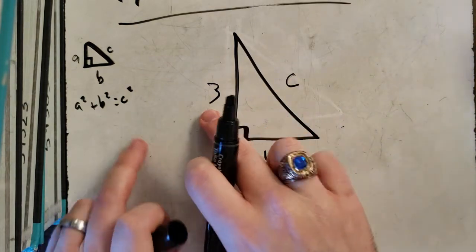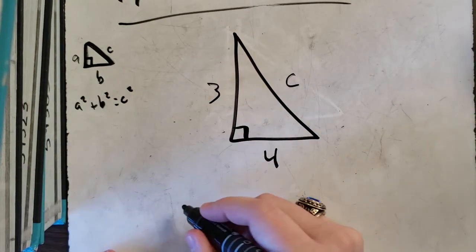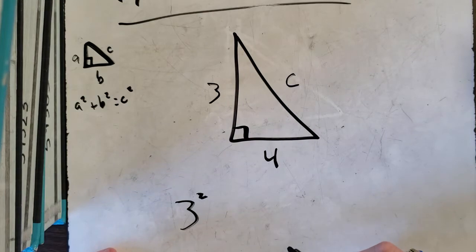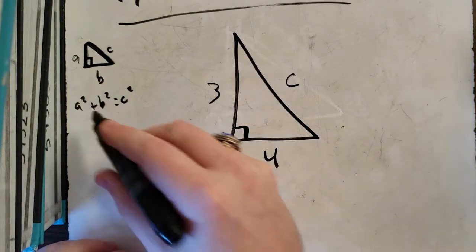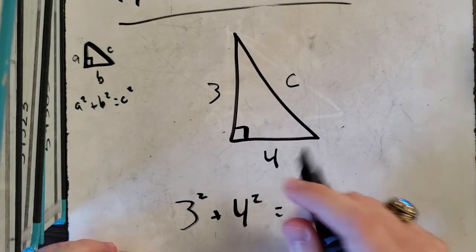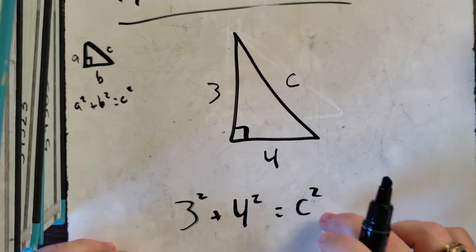So first step, our A is 3, so we're going to do 3 squared. Our B is 4, so it's going to be plus 4 squared, and that equals C squared. We don't know what C is. That's what we're trying to find, our C squared.